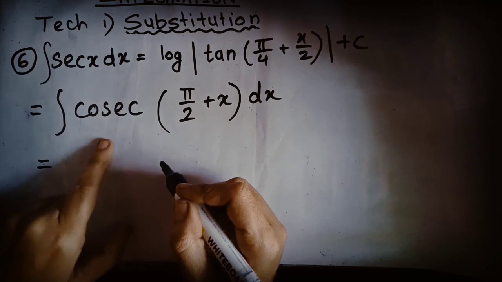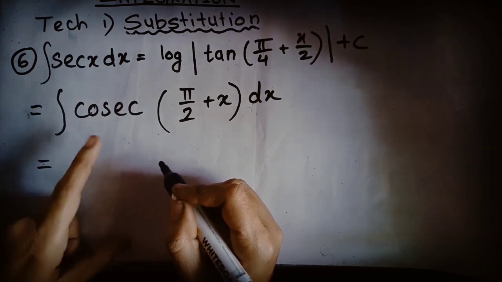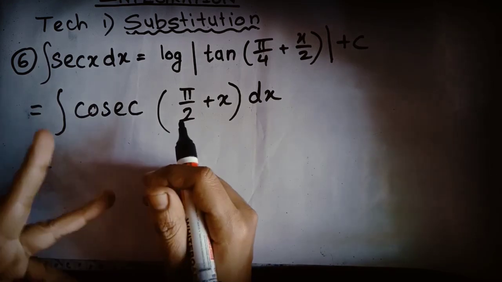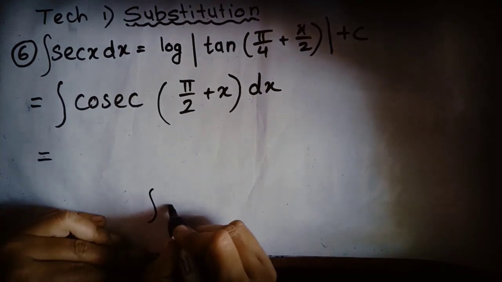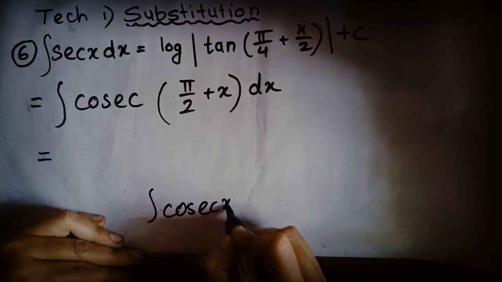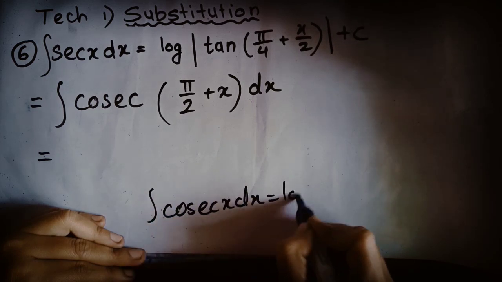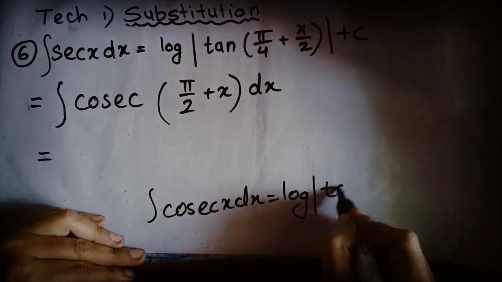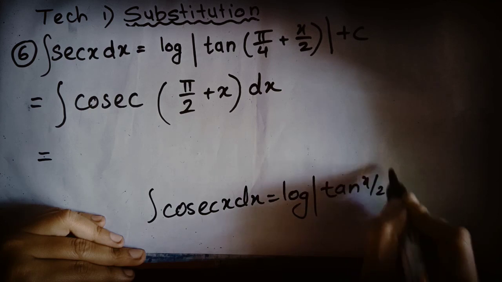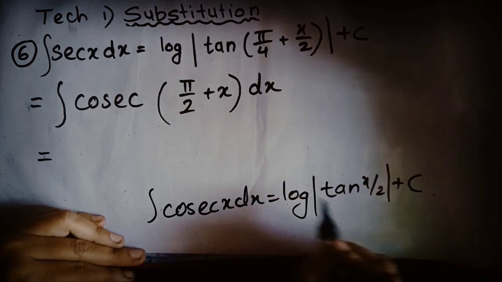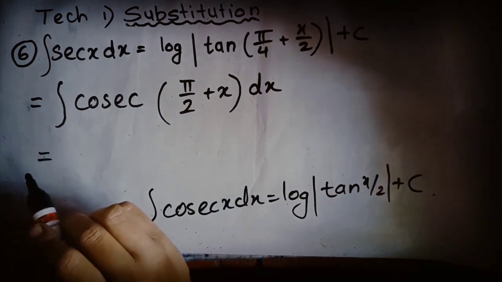So we have to use here the integral cosec of x formula which we have learned just now. What is it? Integral cosec of x dx is log of mod tan x by 2 plus c, right? This you have to use here.